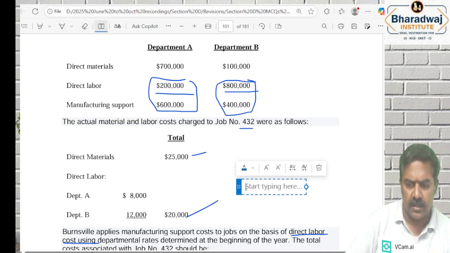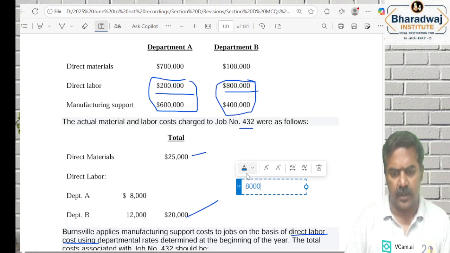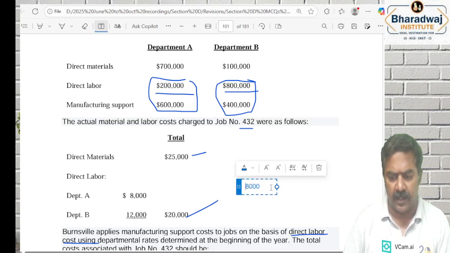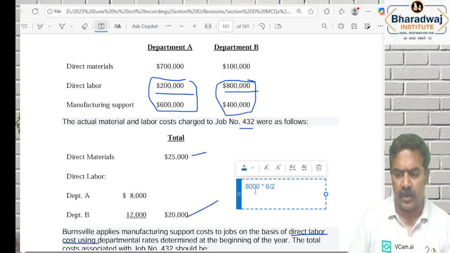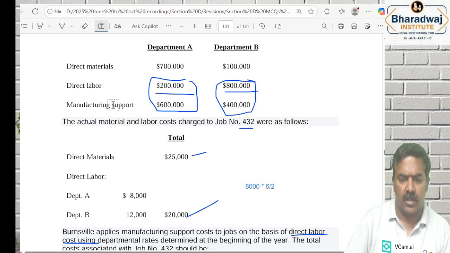When you allocate it for department A, it will be 8,000 into... you should see manufacturing support to direct labor, into 6/2. Yes, 6/2, because we are calculating overheads.